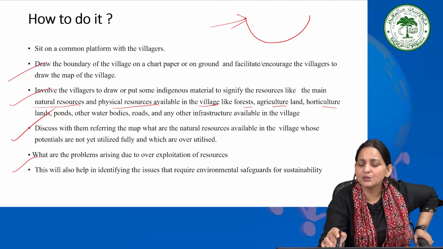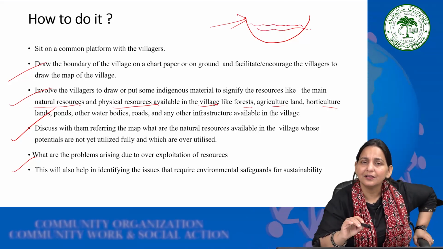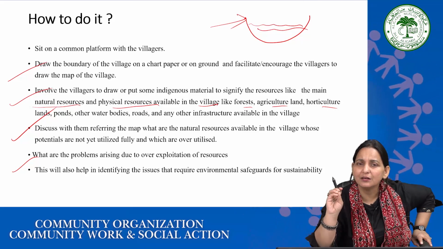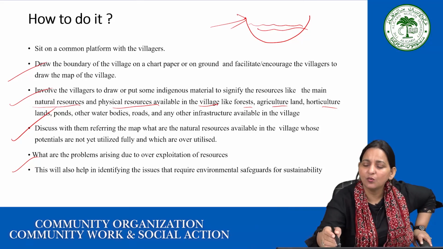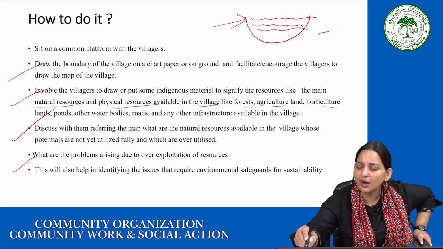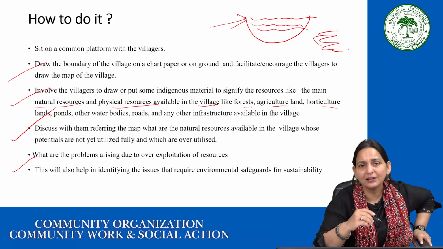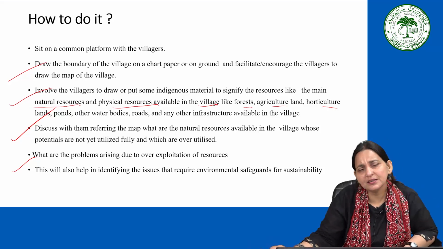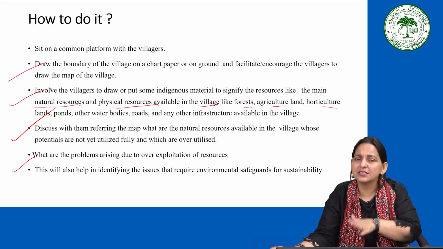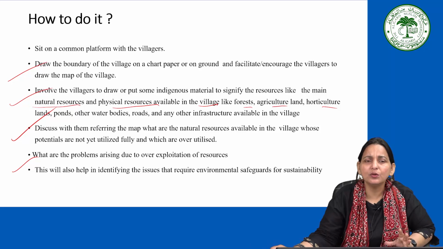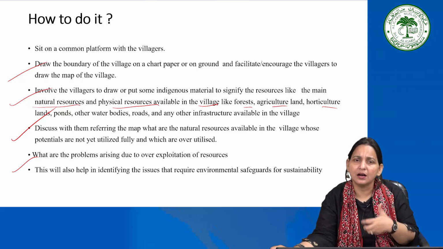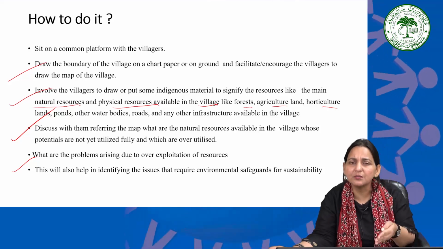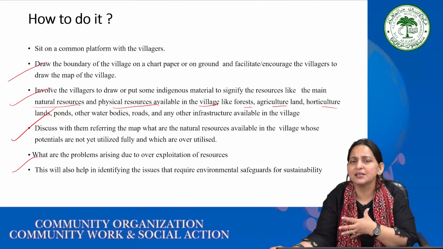If not, it is depleting, so some kind of check has to be put on it. Or is the water you are receiving the same, or the soil quality the same as 10, 15 or 20 years back, or the kind of crop? After analyzing all this, the visualization can be analyzed by the community members to take more sustainable steps.